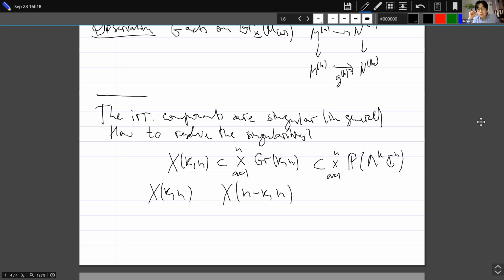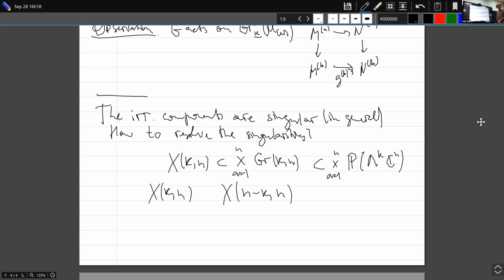Yes, I think it's dual. I think the full set is dual because you can take the complement. What do you mean by dual?